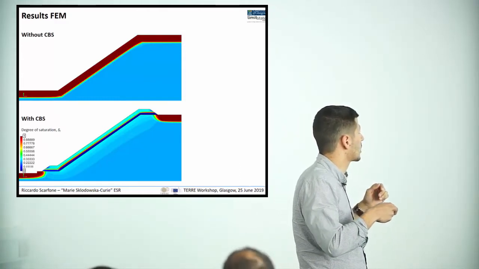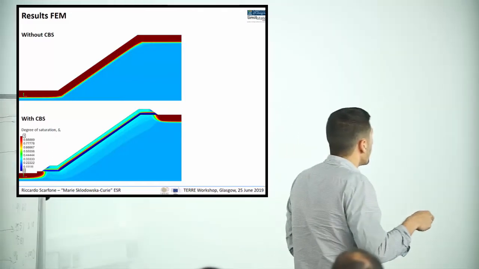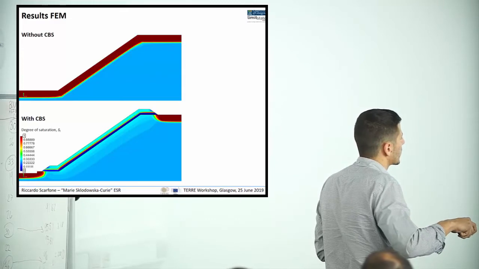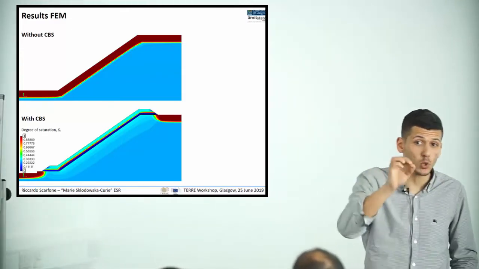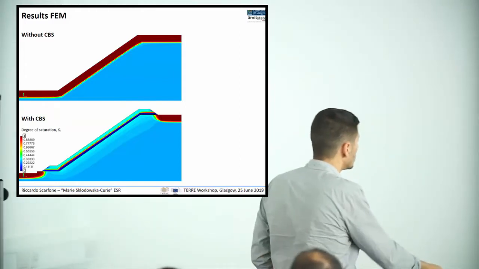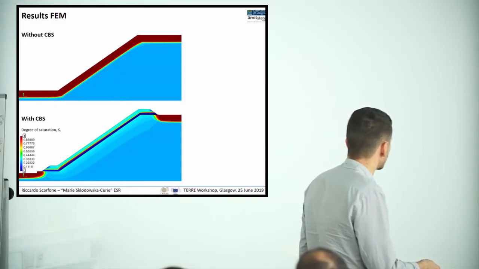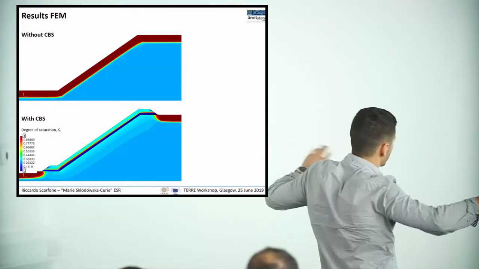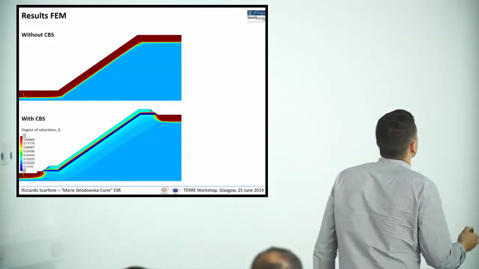Here, this is a sharp wetting front. Whereas when we consider the presence of the capillary barrier system, as you can see, in correspondence of the capillary barrier system in the most critical rainfall event, the soil remains relatively dry, with a degree of saturation around 0.3. Outside the barrier it follows the same story as above.